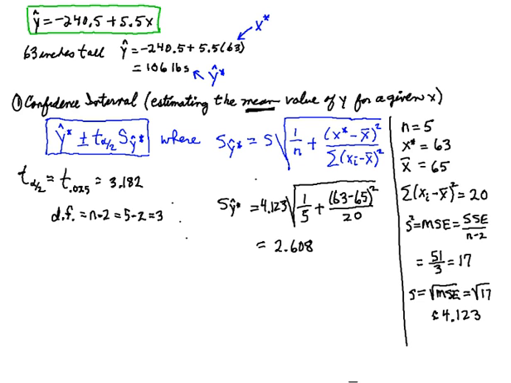Now, finally, putting all that into our confidence interval formula. I've got 106, that is my estimate from the estimated regression equation given the height of 63 inches, plus or minus 3.182 times our standard error, 2.608, and that gives me a margin of error, multiplying those last two values together, of approximately 8.3 pounds margin of error.